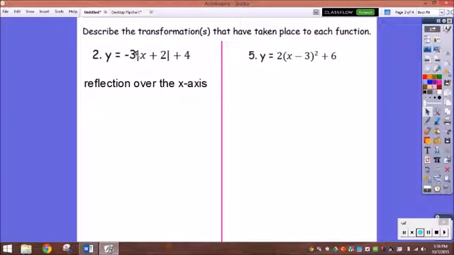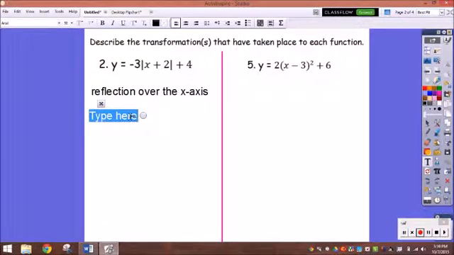And then the next thing we look at is this 3. If there is a number being multiplied by the parent function or by the x, that's a dilation. If that number is outside the function, like this 3, that means a vertical dilation. If the 3 was inside the absolute value next to x, that'd be a horizontal dilation. So since it's outside, we are looking at vertical.